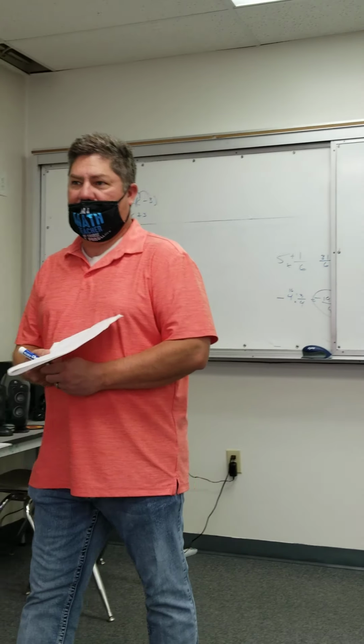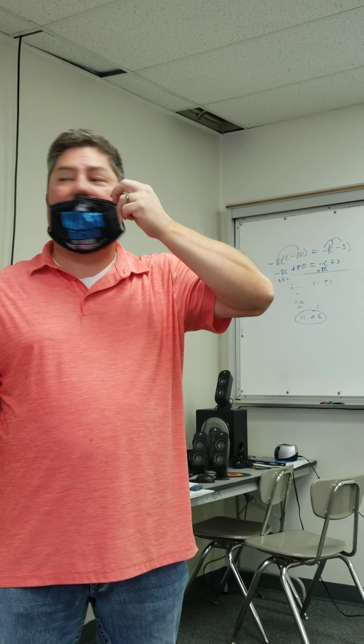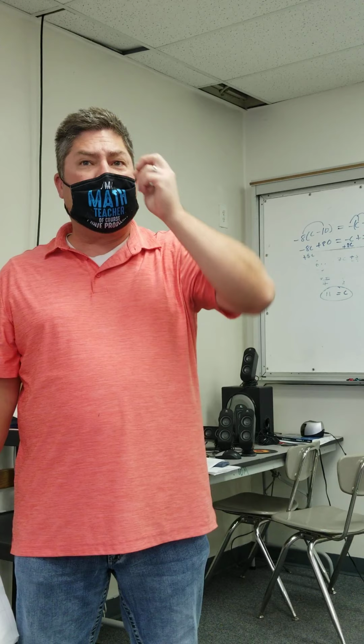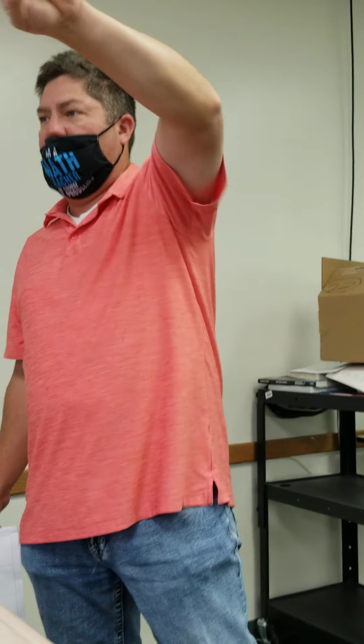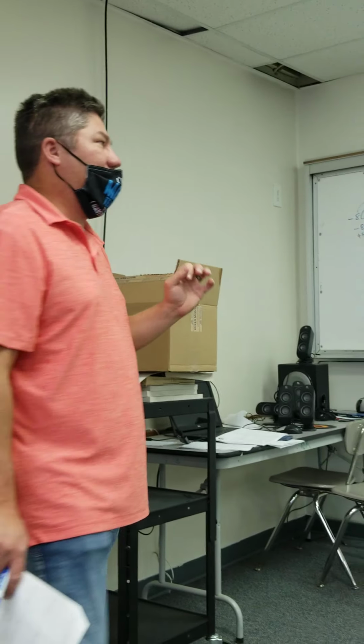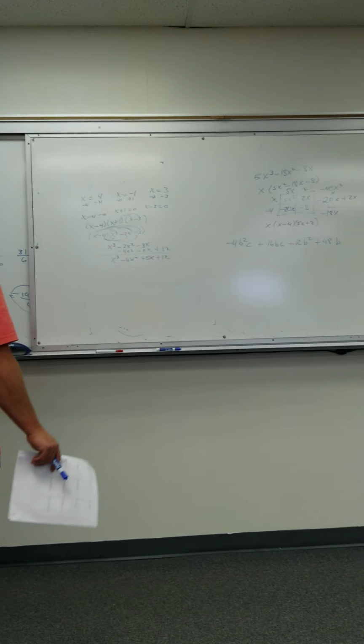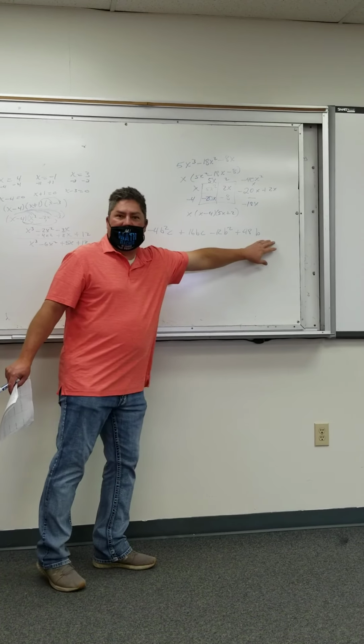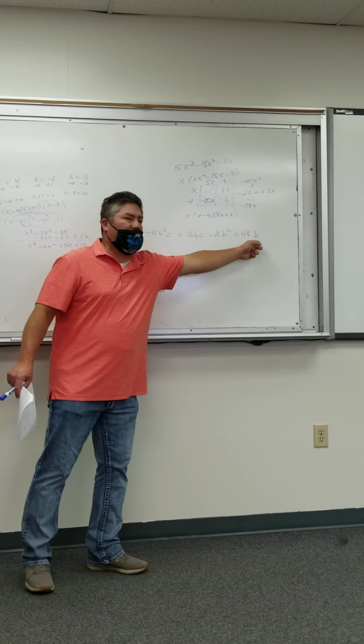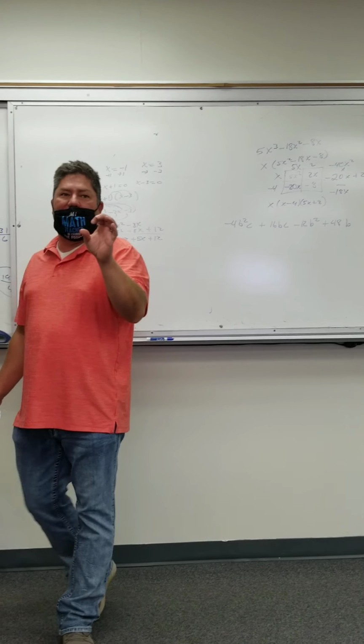How many terms are there? 4. That's why I said we haven't done this before. Everything we've done up till now is either 3 terms or 2 terms, but yet this one is 4 terms. 1, 2, 3, 4. That tells you we're going to use a new method.